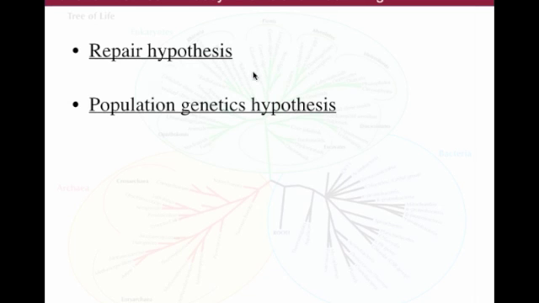And the alternative model is basically what's called the population genetics model, which is that endosymbionts, when they get passed down, if this is in an amoeba or in an animal, to the next generation, usually go through a really small population bottleneck with a very small number of individuals that lead to the next generation.